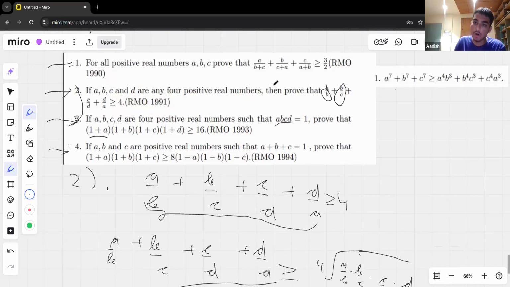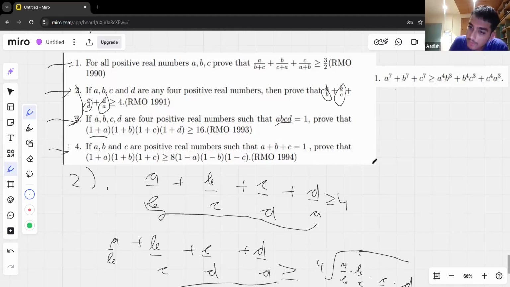Like use AM-GM on A by B, B by C, C by D, and D by A instead of using them on A, B, C, and D. That's three AM-GMs.